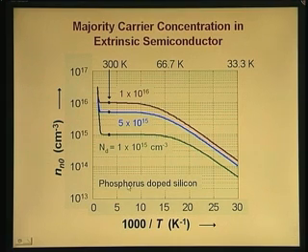So you have the majority carrier concentration, that is the concentration of carriers which is in a majority, and you also have minority carrier concentration. So you can see here again we are plotting the majority carrier concentration in an N-type semiconductor.